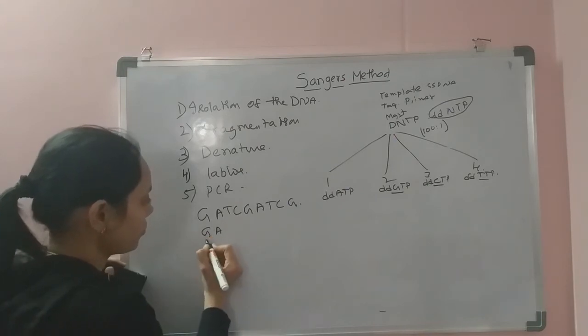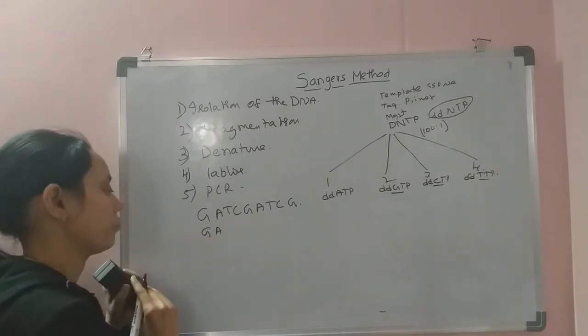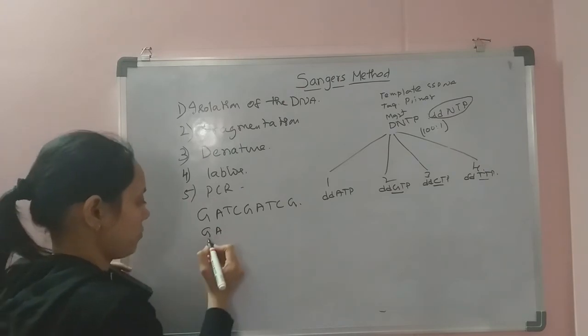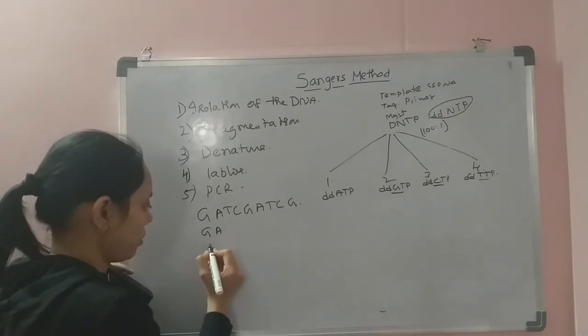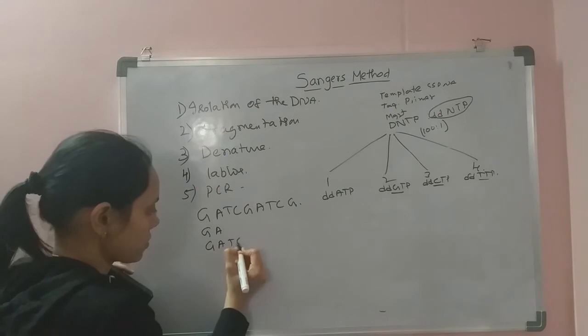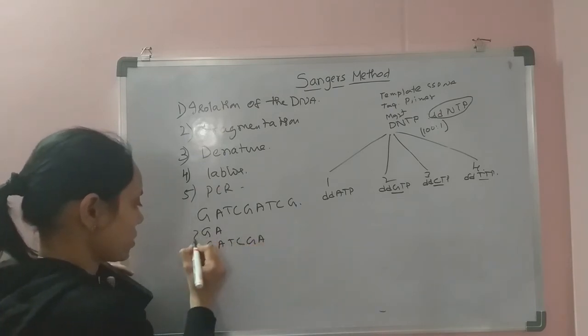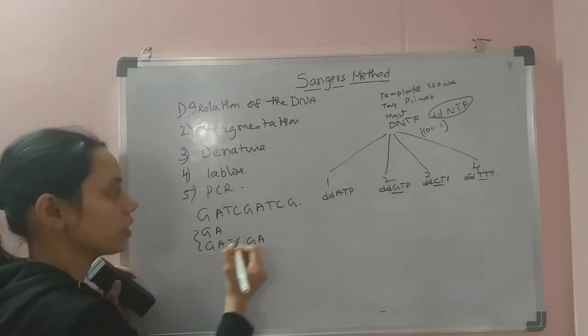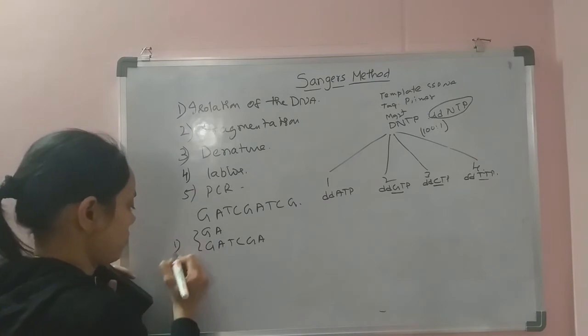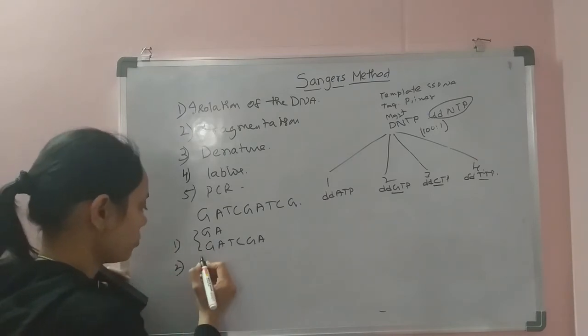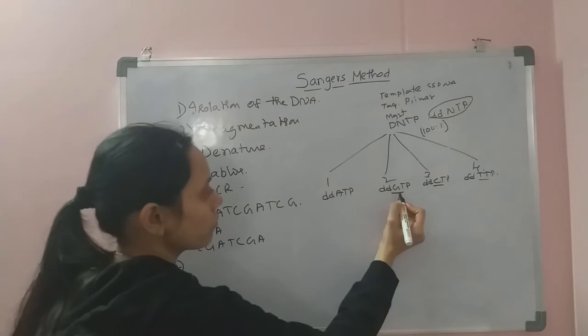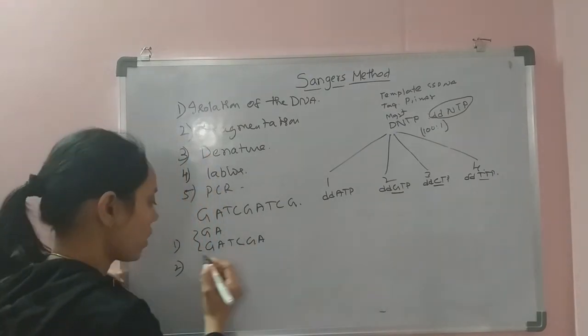the termination may be like this. GATCGA, so these are the products that will be obtained from reaction tube 1. And in reaction tube 2, the chain will be terminated at guanine nucleotide.